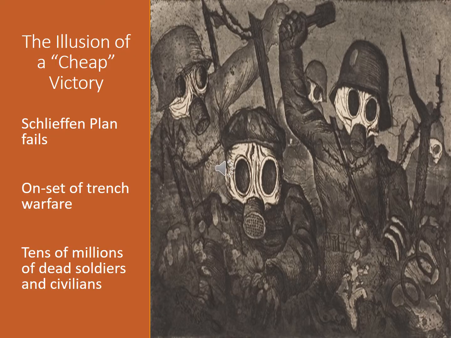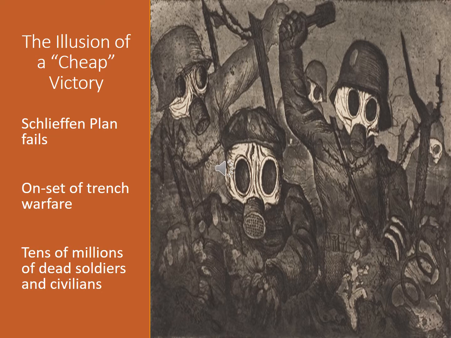Indeed, this raises the question of whether cheap victory is really possible in the end. We talked about the Schlieffen Plan of World War I as an example of the Germans trying to realize a cheap victory strategy. And while it very nearly was successful, eventually the French were able to stop the German invasion.